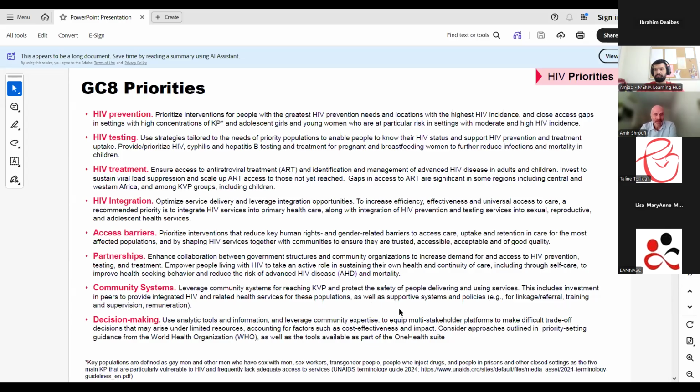And a last point here on decision making, which hopefully can be a useful thing to keep in mind during some of your deliberations and consultations that many of you will be having with CCMs.